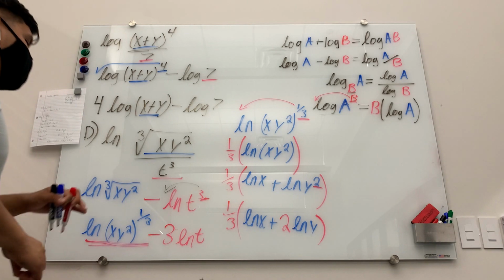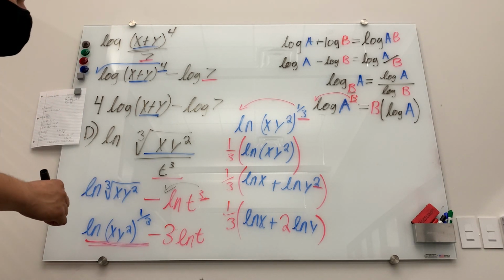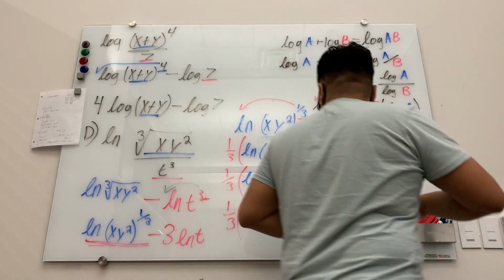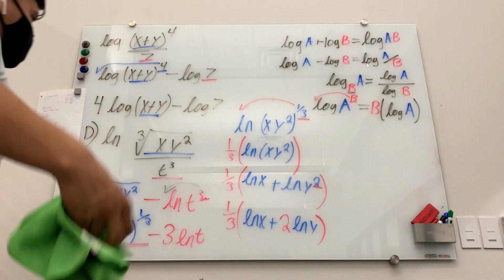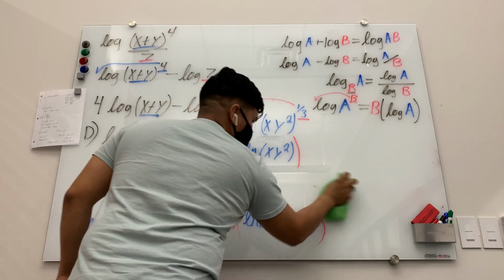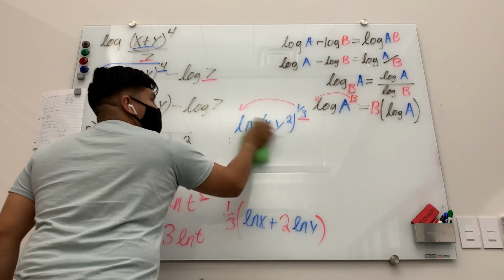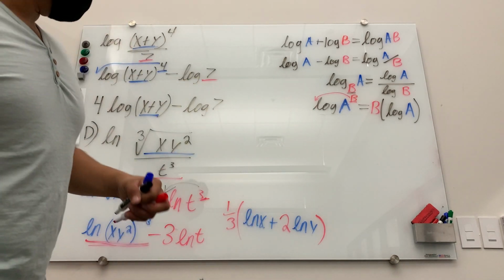So finally, let's write this out in something nice and see if we can make it look a little bit better. So we have 1/3. Let me go ahead and erase some of this stuff real fast. There we go.